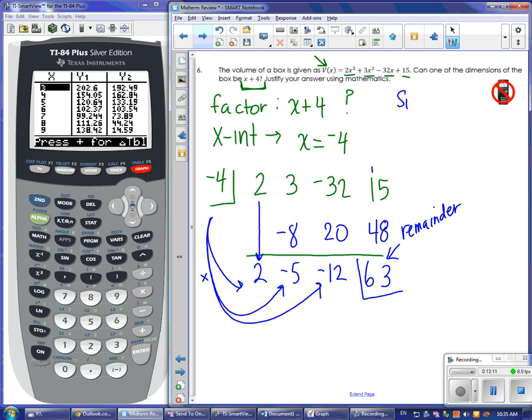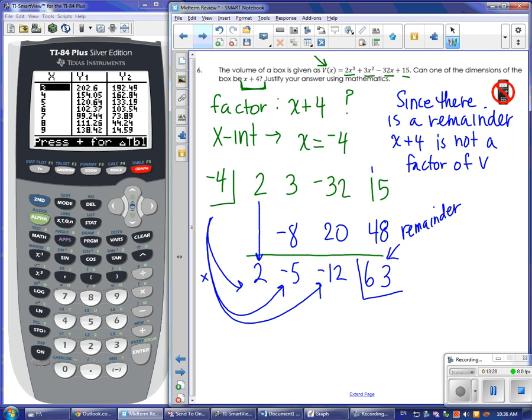So since there is a remainder, x plus 4 is not a factor of v of x, so it can't be a side.